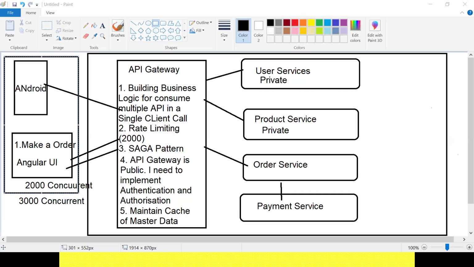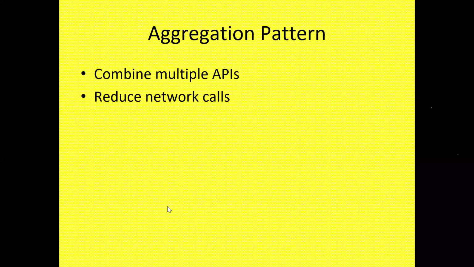Can I make my API gateway and microservices in a single network, or is having multiple networks a good option? Single. That is the reason people say reduce network calls. Clear my point? Okay.